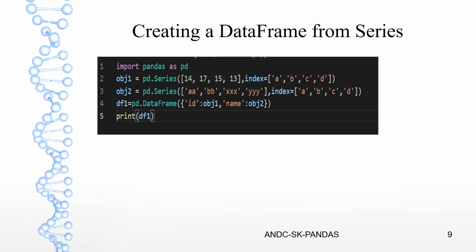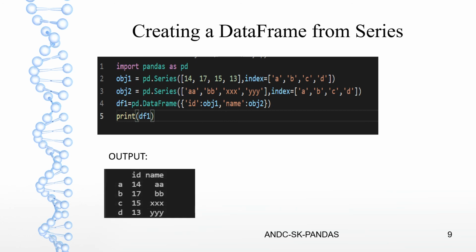Remember here that if the data series indexes are not the same, then in the rows where the corresponding index label element is not there in one series, that will be taken as a null value. Then you can print the content of the data frame, and you will get a data frame in tabular form. These are the row indexes and these are the columns.